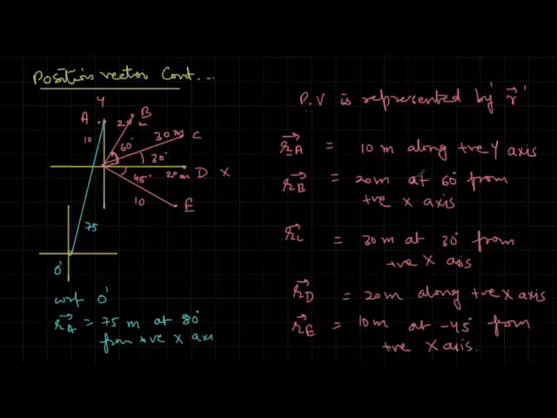So you can clearly see that the position vector depends on the choice of the origin and coordinate axis. If the origin is same but your coordinate axis are in this direction, if I take this as x and this as y, again my position vector will change. So position vector depends on the choice of the origin and the coordinate axis.